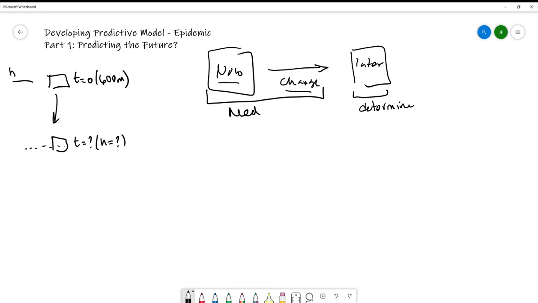In order to do that, we need to know how it's going to change as the time increases from 0 to whatever we want to do. So this idea that it has a height, that's actually the primary variable that we're going to keep track of in this.